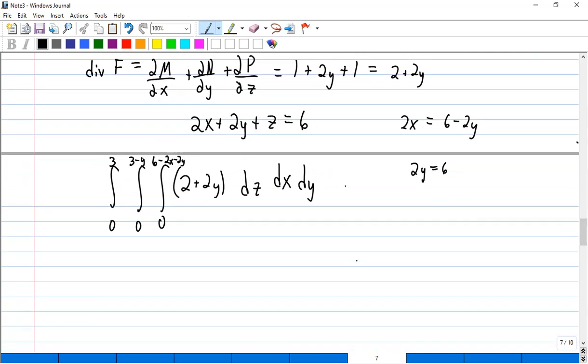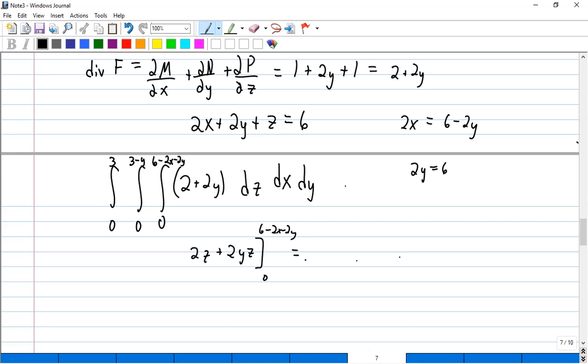So you can see neither one of these terms have a z in it, but when you integrate with respect to z, that's going to give you 2z plus 2yz. So you just need to evaluate that here.